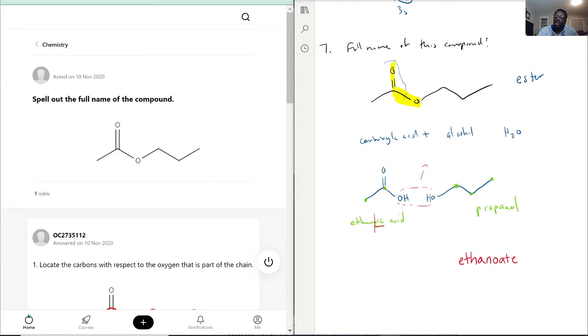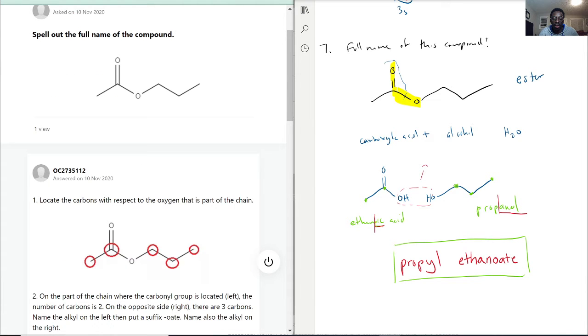But the way it actually goes into this compound is that we have to drop the -anol part, and it's going to be -yl instead. So it's going to be propyl in front. So we have now propyl ethanoate, and this will be the name of this ester here.